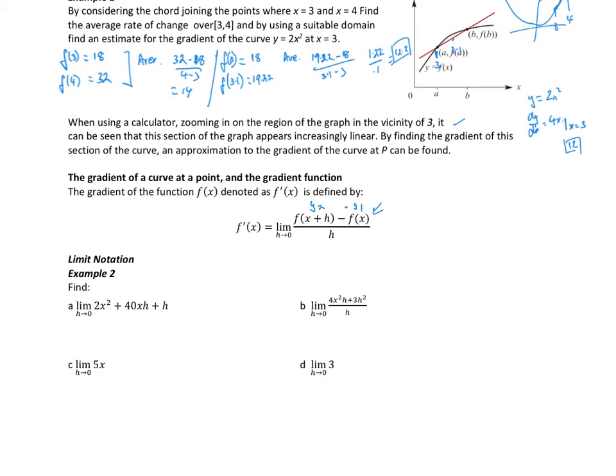The distance between 3 and 3.1 was 0.1, so h was 0.1 in that case. Much better approximation. And if I take h equal to 0.001, I will get an even better approximation again. So the smaller my step size, which means the limit as h approaches 0, the better my approximation will be.